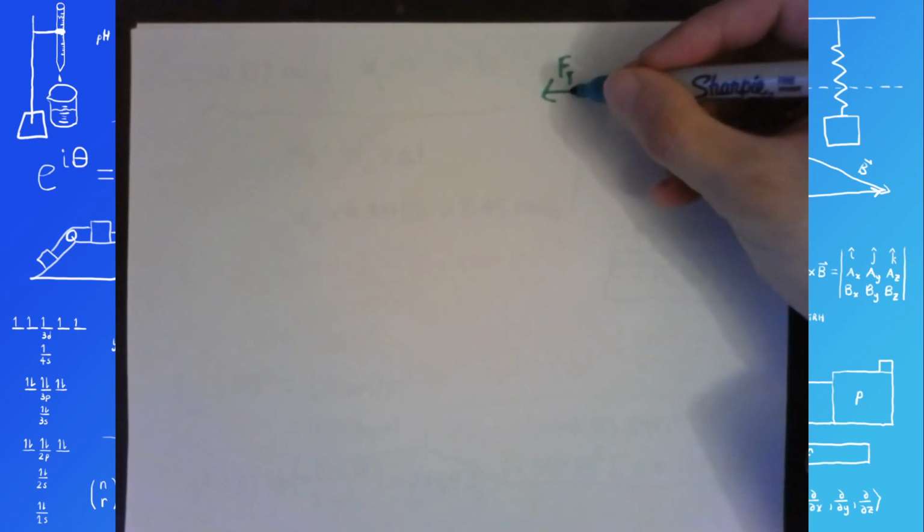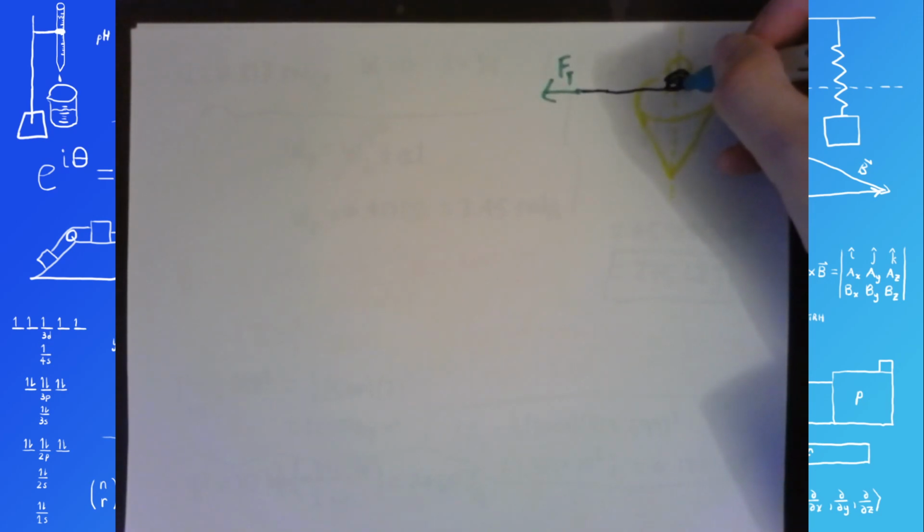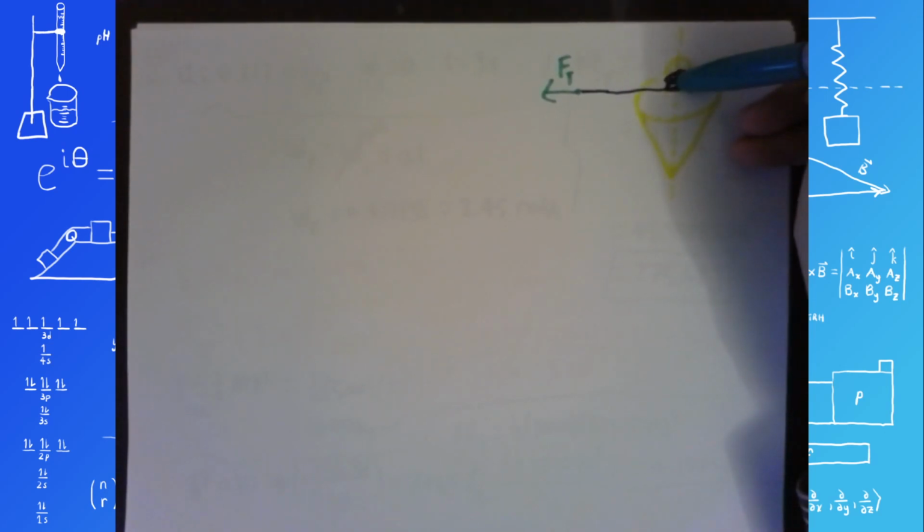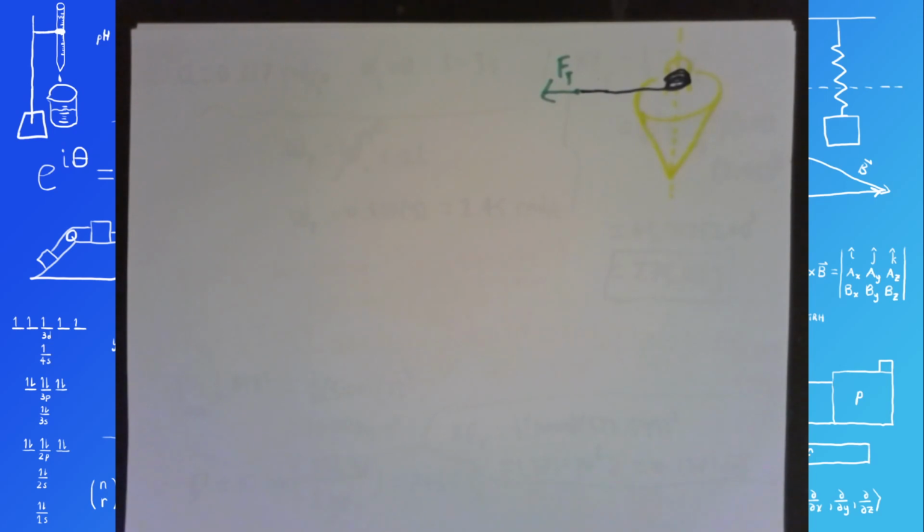So essentially what we have is tension force acting on the rim of the top part of the top. I'm not sure of a better way to word that, but it's basically the same as having a tension force acting on the rim of this circular part that's used for spinning the top.